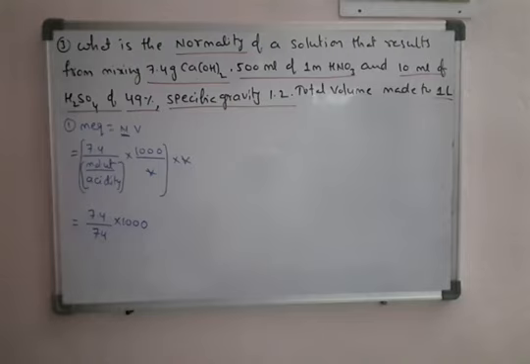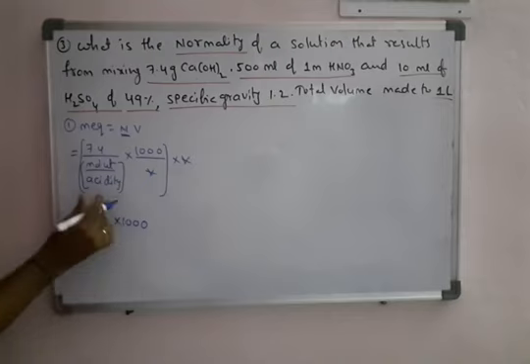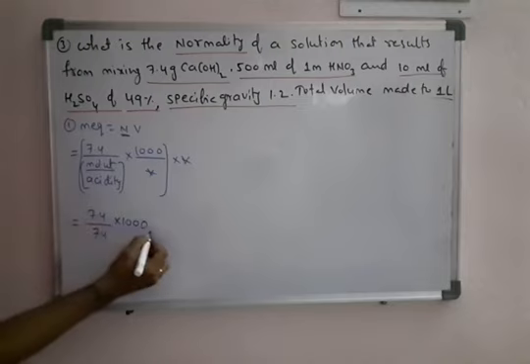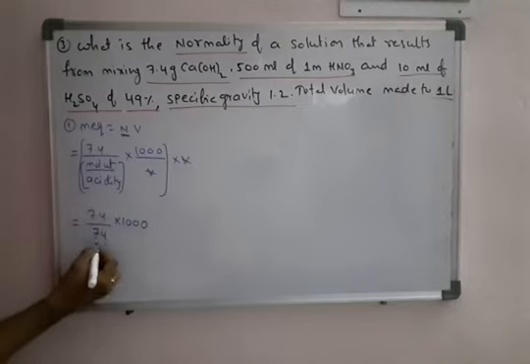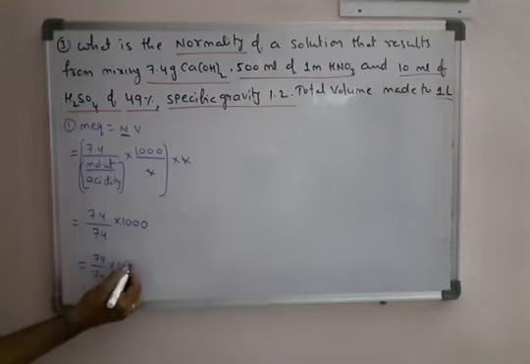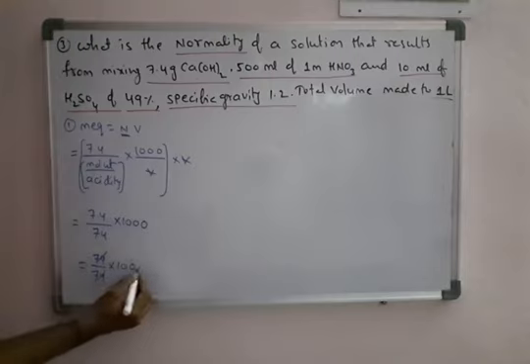So the final milli equivalents we will directly get from 7.4. That implies, finally we will get 100.